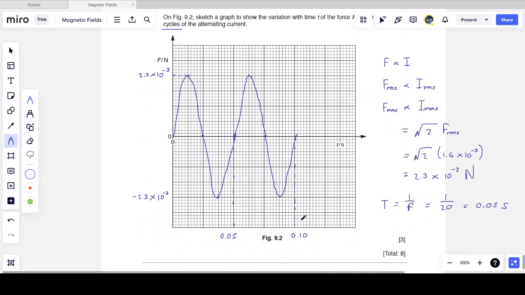And yes, that's 3 marks, so it's a significant amount of marks, but also a significant amount of time that you would require. So you can see, although you were never explicitly taught about the relationship between a force and an alternating current for a wire in a magnetic field, you could be asked a question. And you have to put together pieces of information from multiple topics to understand how to answer this.